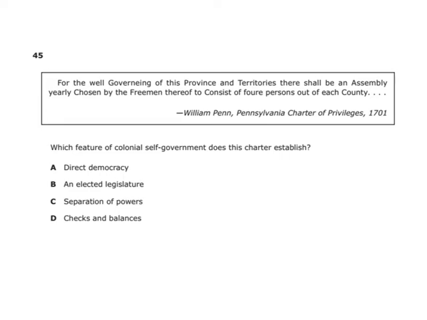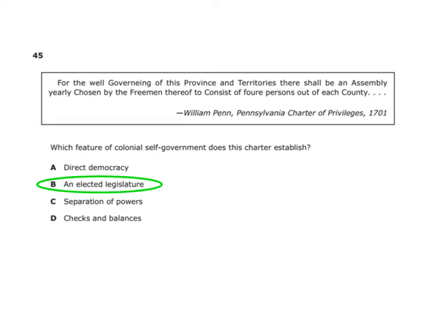All right, here we go. An elected legislature. You see separation of powers, checks and balances, and direct democracy, and you're thinking, oh, these all sound like really good American government words. Which one is it? Well, think about this.